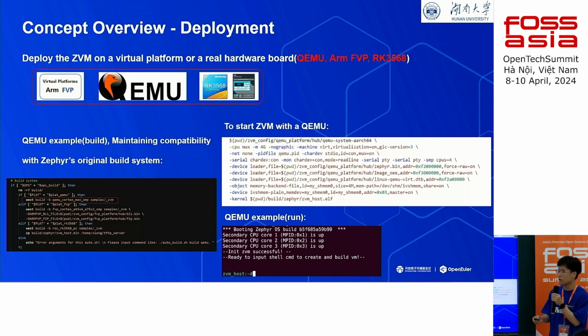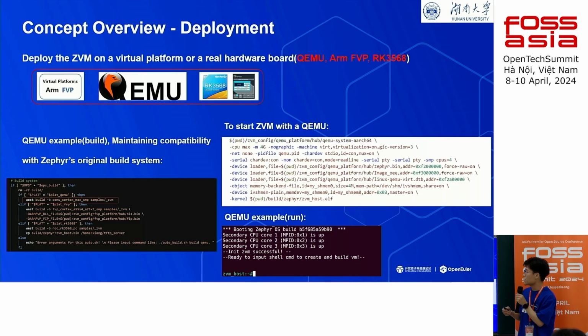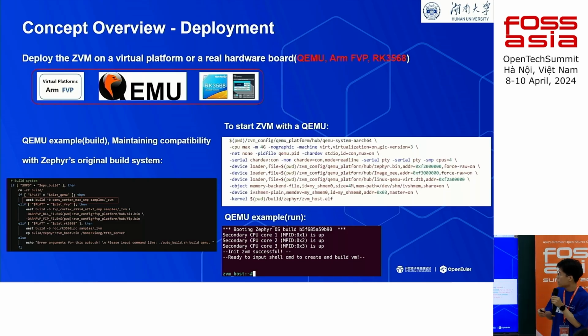Then we can deploy it on a developer board, like the Rockchip RK3568 system chip. If you are new to ZVM, I recommend that you use the QEMU emulator because it's simpler than the others.